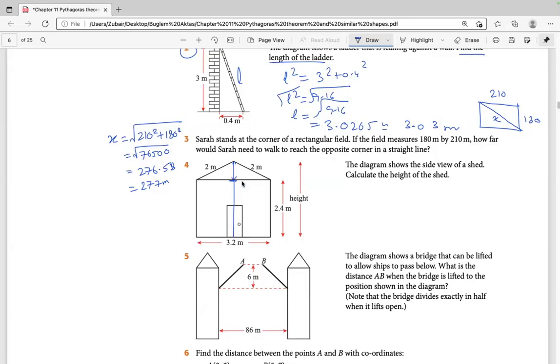In order to do that, 2 is already given for the hypotenuse and I need this. What could this be? It would be half of 3.2. Half of 3.2, 1.6. So this x is 2 squared equals x squared plus 1.6 squared.